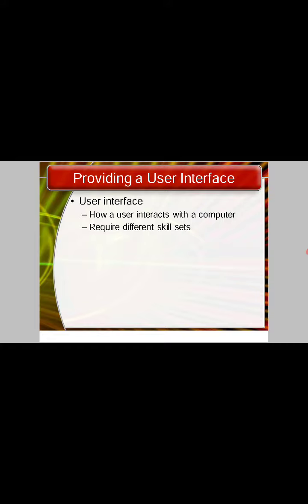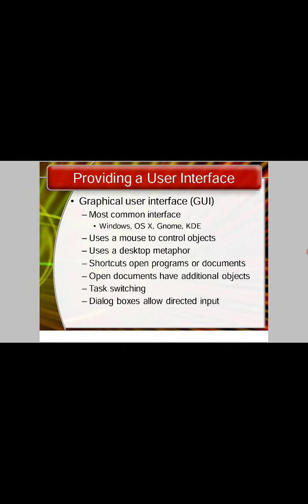User interface means how a user interacts with the computer, which requires different skill sets. Providing a graphical user interface means Windows, for example Windows based operating systems. Most common interfaces like Windows use a mouse to control objects, use desktop shortcuts to open programs and documents, and have dialog boxes that allow directed input.